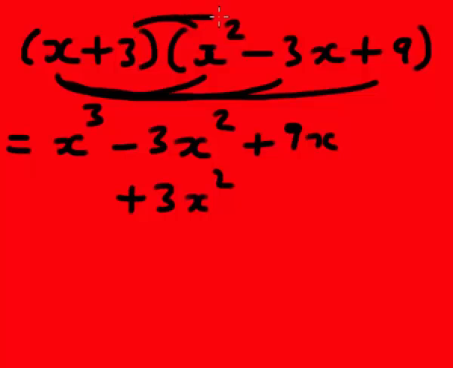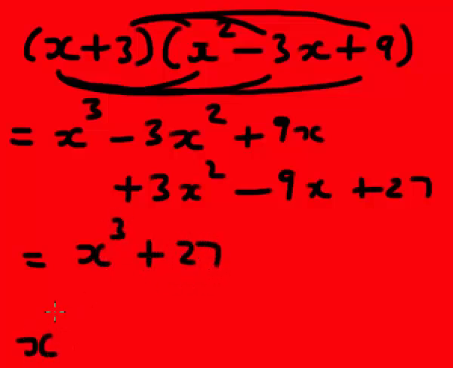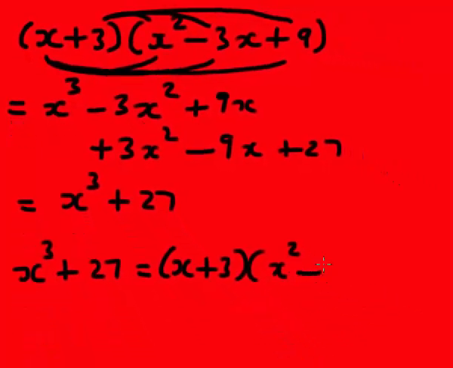That gives you negative 9x, and 9 threes are 27. Now, if you notice, these middle terms cancel, and you're left with x cubed plus 27.